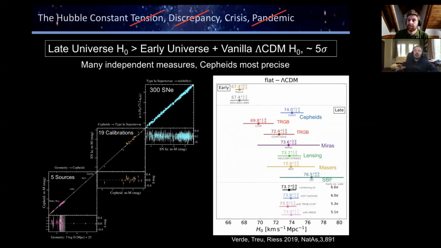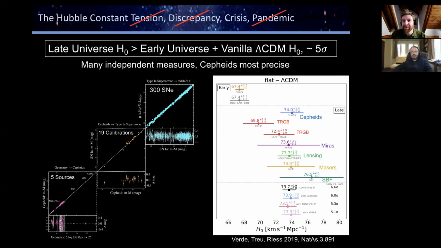And that, combined with cosmic microwave background observations or other tools, and in concert with vanilla lambda CDM, as we understand dark matter and dark energy, predicts a Hubble constant, and those two disagree by about 5 sigma.